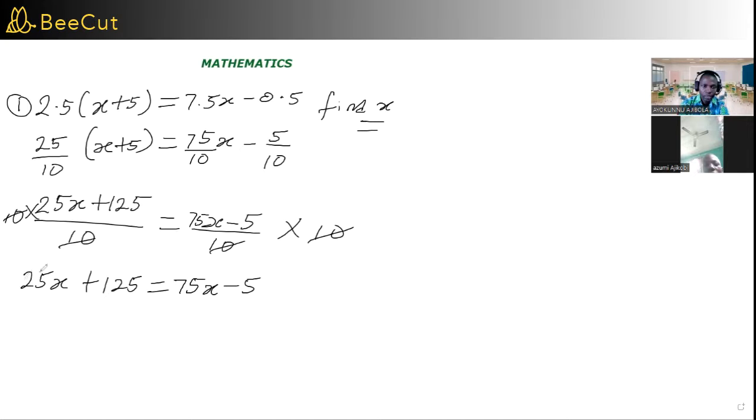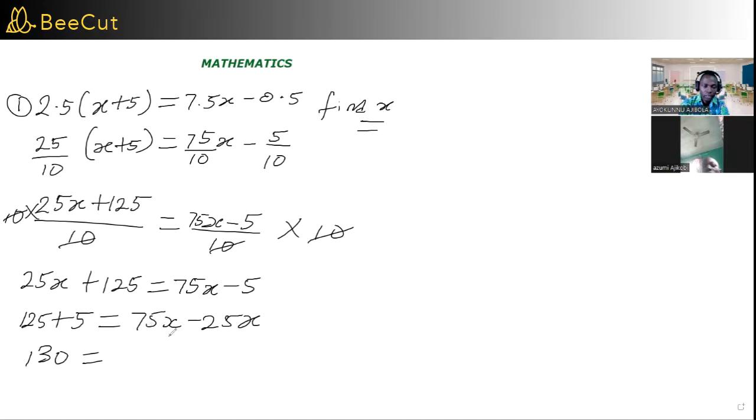So I move the 25 so that the positive 25 becomes negative when it comes here. And this 5, which is negative, becomes positive. So I have 125 on the left side, then plus 5 that is coming from the negative. So with this, I have 130.